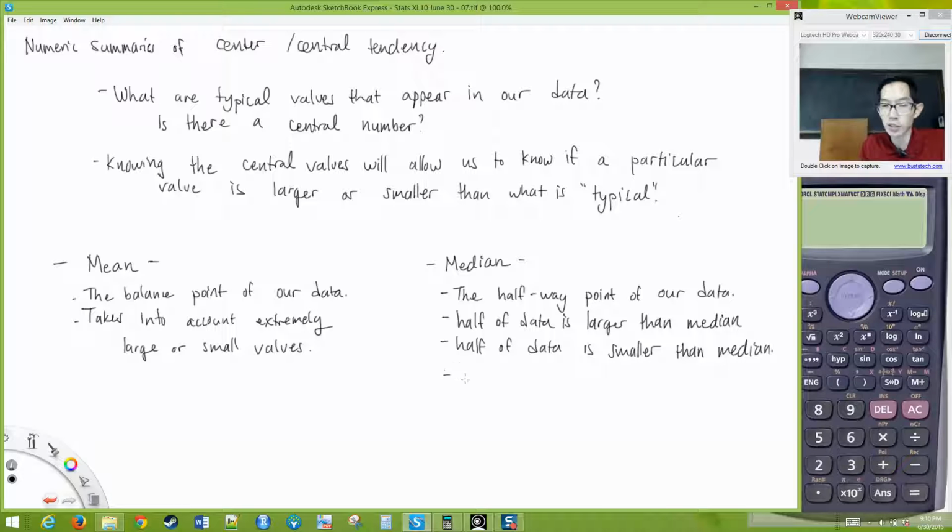And the median is not affected by extreme values.